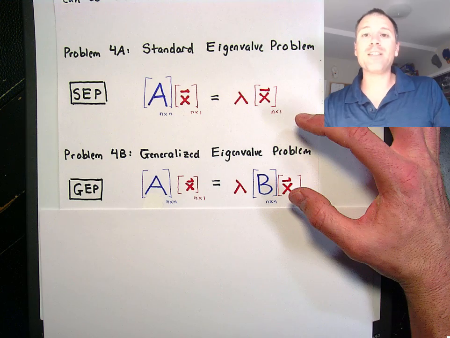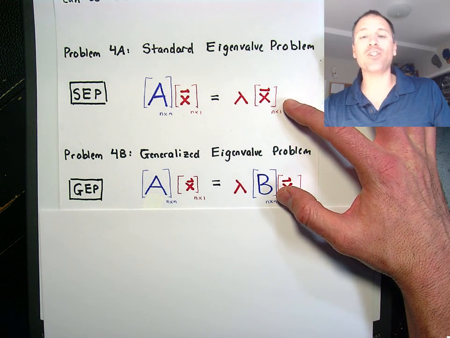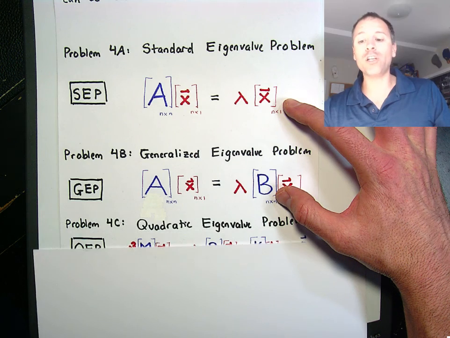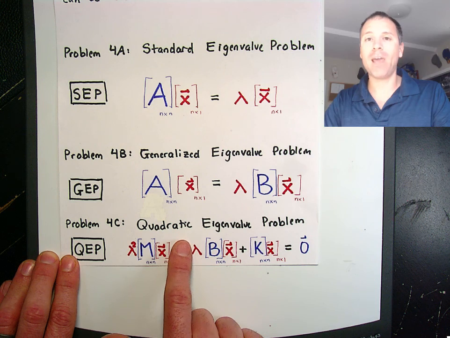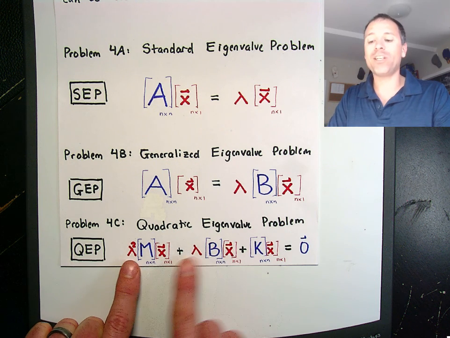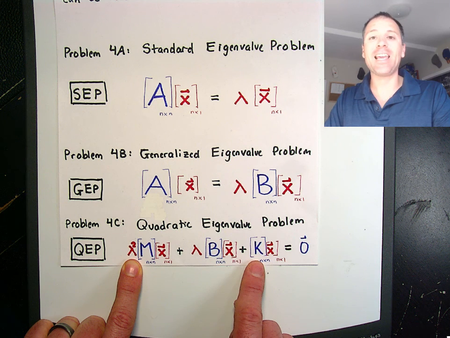In the development of these theories, once we've mastered the standard eigenvalue problem and general eigenvalue problem, usually we would go on to master something called the quadratic eigenvalue problem. And in the quadratic eigenvalue problem, we start with modeling matrices M, B, and K. Each of those is square and shows up in some real-world modeling context.